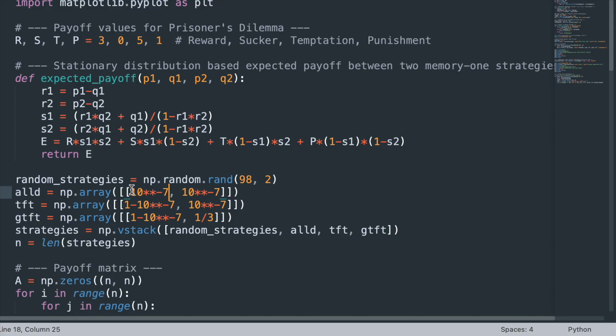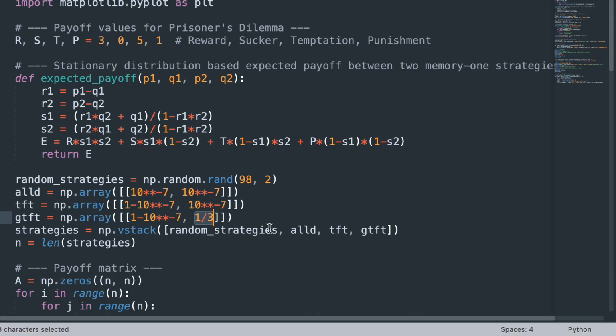You can see this P is very nearly 0 and this Q is also very nearly 0. Now I also want to put in a TFT-like strategy. Its P should be close to 1 and Q should be close to 0. And what is GTFT? It is P close to 1 and its Q is one third, or close to one third.